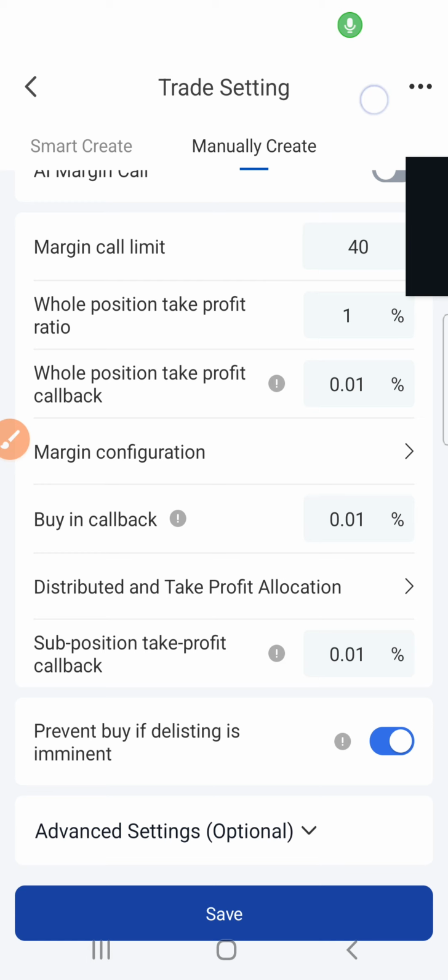After clicking on mine, you go to system center here. After clicking there, then you go to transaction password.